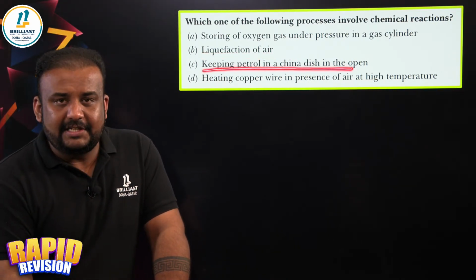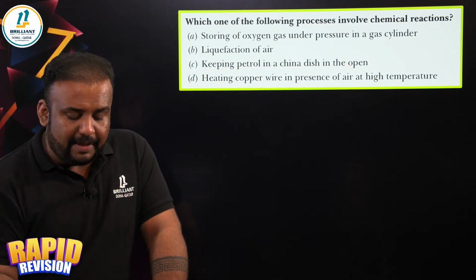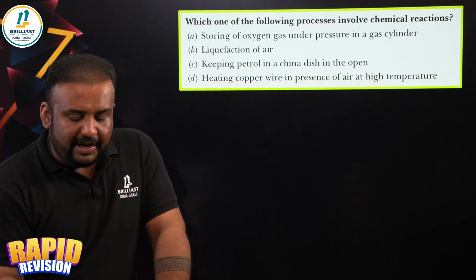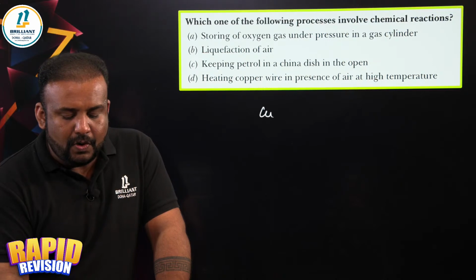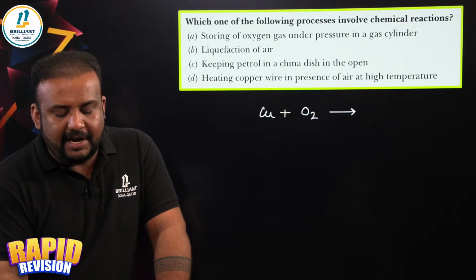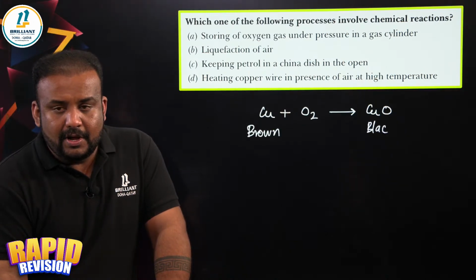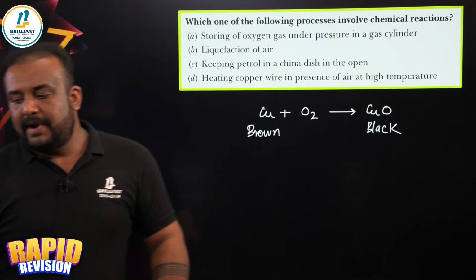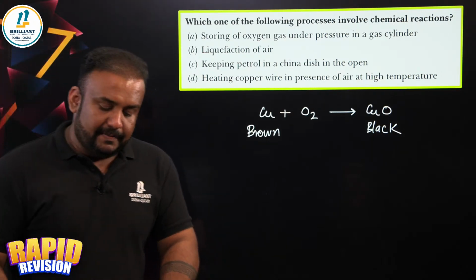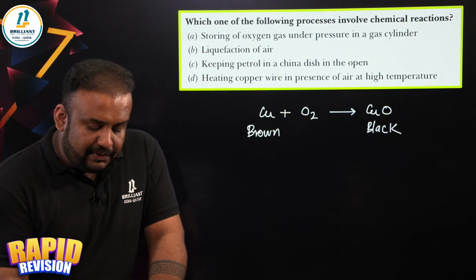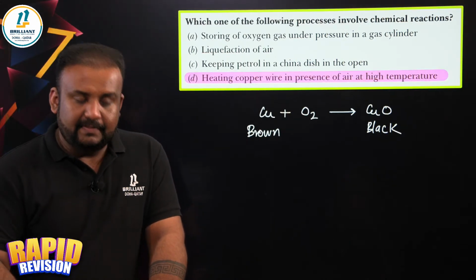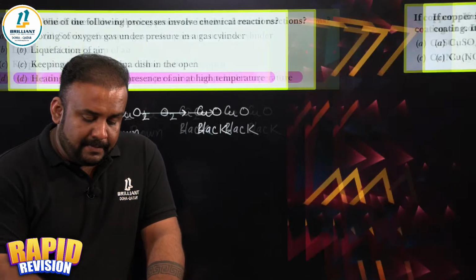Keeping petrol in a china dish. That's just evaporation, right? There is no chemical change. Heating copper wire in the presence of air. That is true. Because copper when heated in air it will change into copper oxide. And please do remember the color change. Brown will convert into black. So the last one is the chemical change. Clear, right?